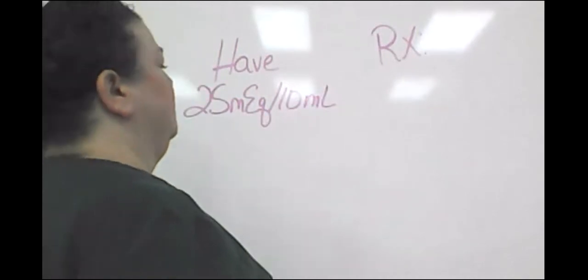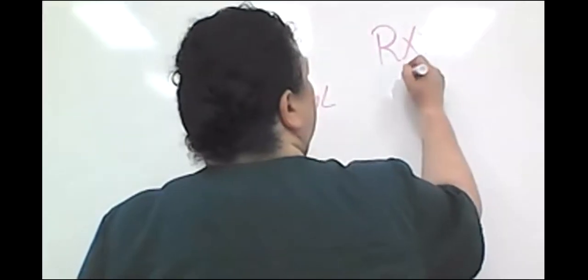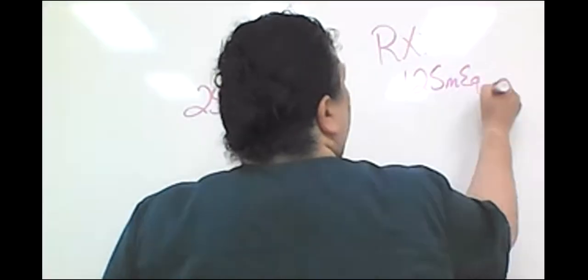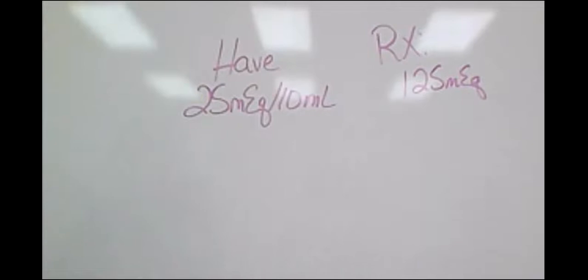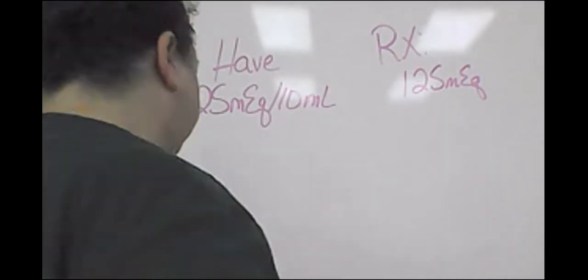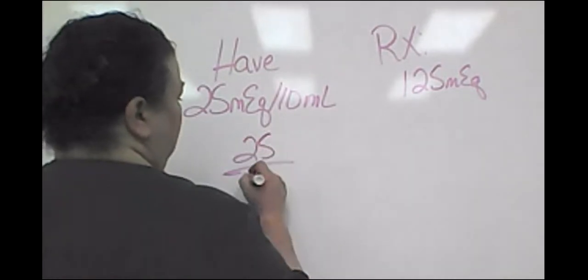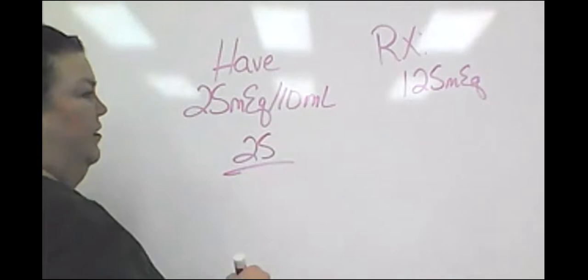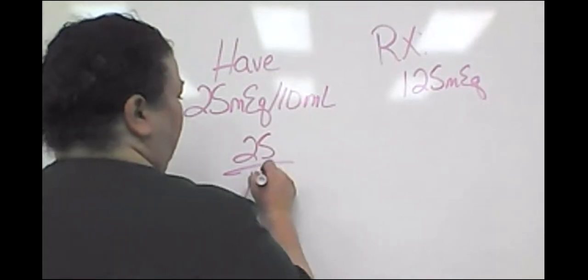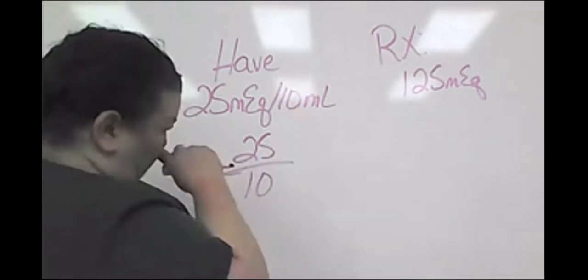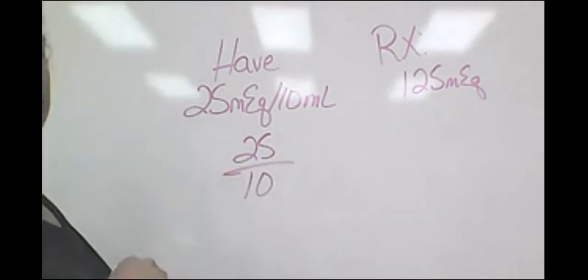And maybe your RX order is calling for 125 milliequivalents. And these are just random numbers off the top of my head. So again, we would have to set up that ratio and proportion because this is per 10 ml and not per 1 ml. That division only works when this is per 1 ml. Otherwise, you have to set your equations up as such.